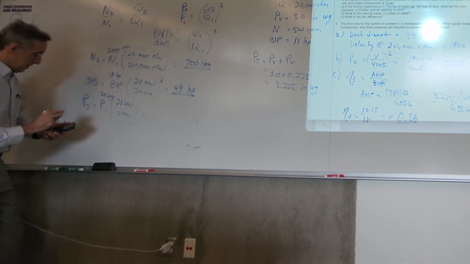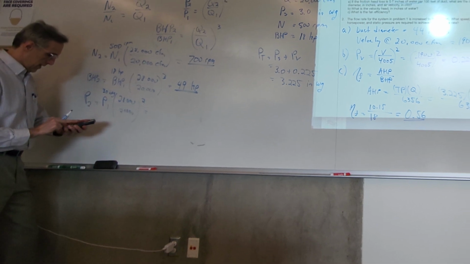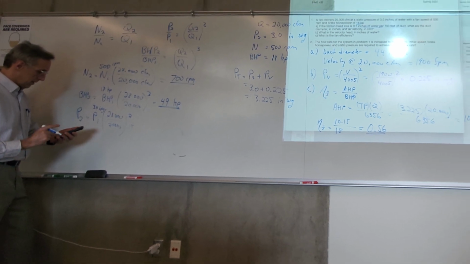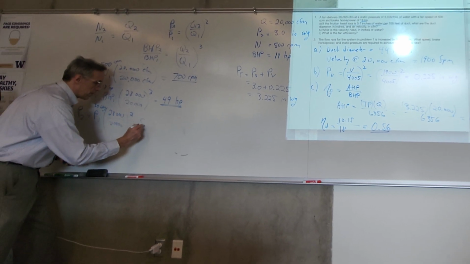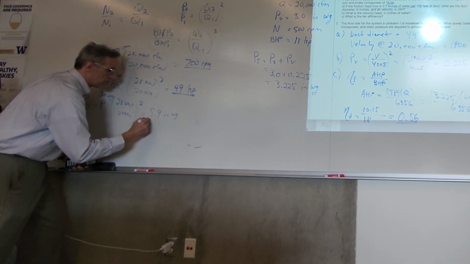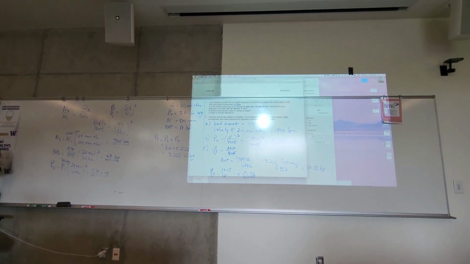So that is 28 squared divided by 20 squared times 3, which is 5.88. Okay, so there's an example using the affinity laws. Got all that? Yes.